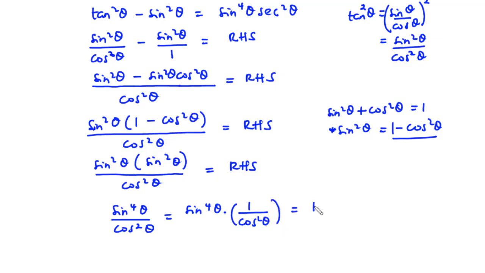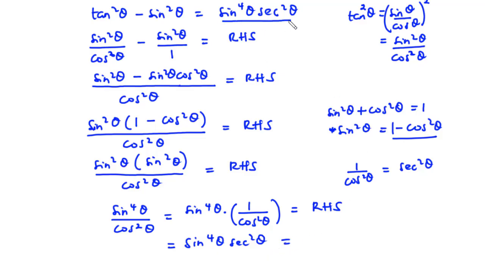And this is equal to the expression on the right hand side. So this becomes sin^4 theta times 1 over cos squared theta, which is equal to sec squared theta. So we input that here, and then we have sin^4 theta times sec squared theta. And that is the same as the expression we have on the right hand side.